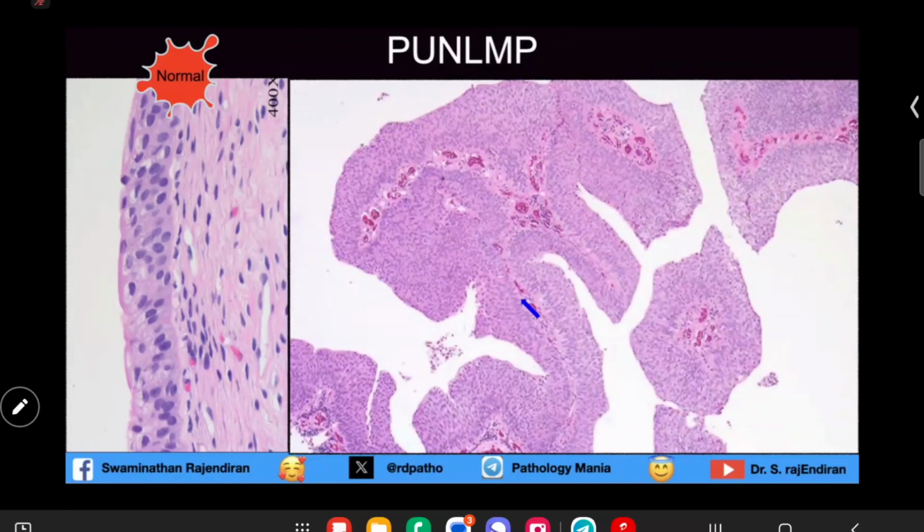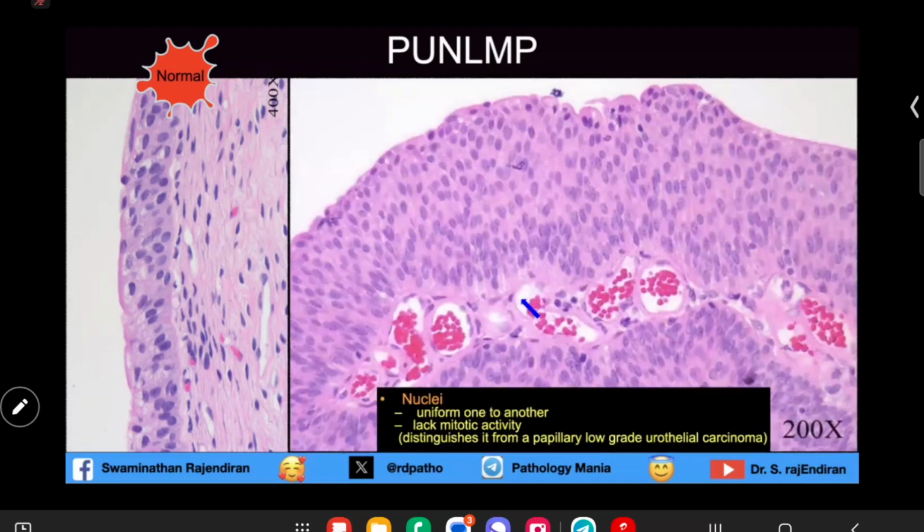And I never diagnose papillary urothelial neoplasm of low malignant potential because it's very, very difficult to differentiate from low-grade papillary urothelial carcinoma. And when you say low malignant potential, people may ignore. They may not come for follow-up. So I overcall these as papillary urothelial carcinoma, low-grade. But here the cytological atypia is minimal, that's what they say.